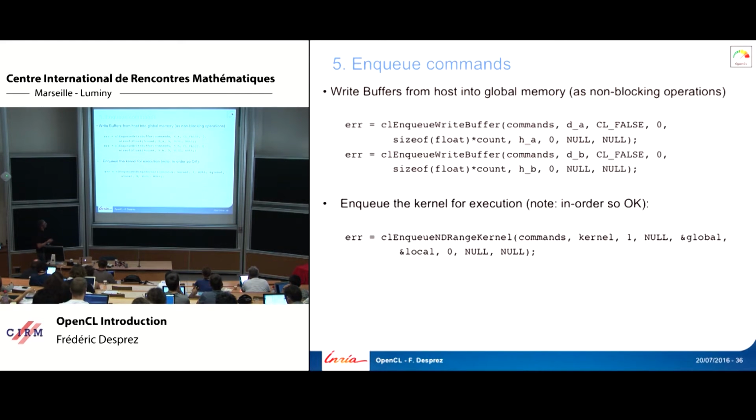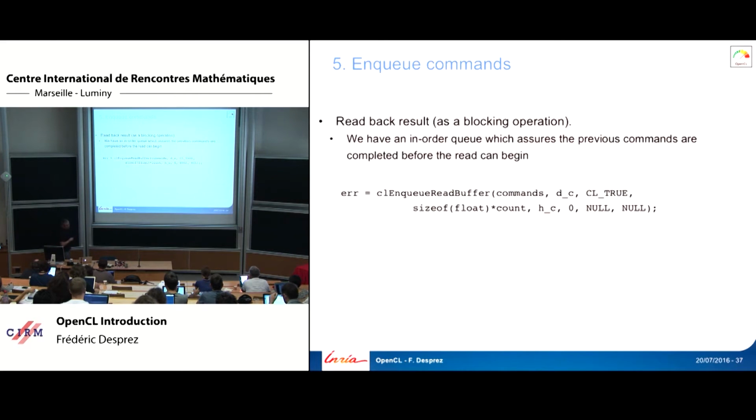And then you can execute your kernel with the appropriate function. And then you enqueue the command. So you have an in-order queue to ensure that the commands are completed before the read can begin. So this is CL_TRUE here, which is synchronous. And then you can read the results after the execution of the program.